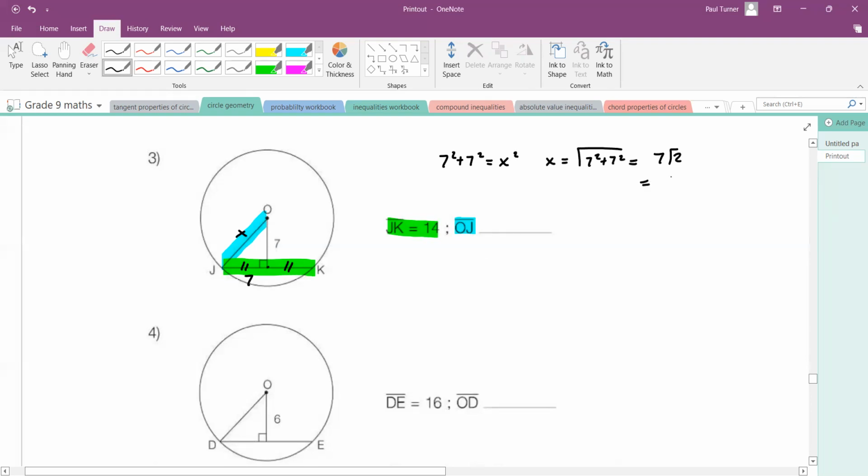So when you round it off, that would be 9.9 for the length of OJ. I think in general terms, it's better to leave it in the surd form because this is the exact form and this is an approximation. So I think in many questions, it's worthwhile leaving it in the exact form.